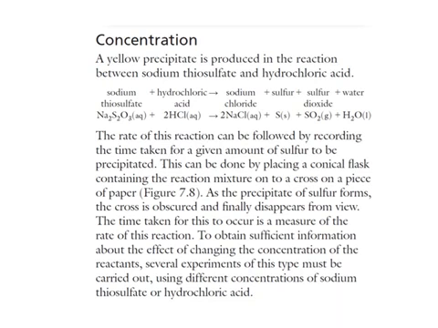So the rate of reaction can be followed by recording the time taken for a given amount of sulfur to be precipitated. Suppose you are measuring the sulfur that is precipitated out from this reaction, and the time taken to carry out that much of reaction. So you can make the graph and find the rate of reaction.